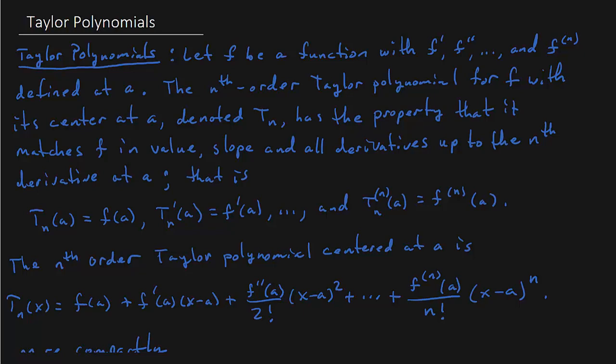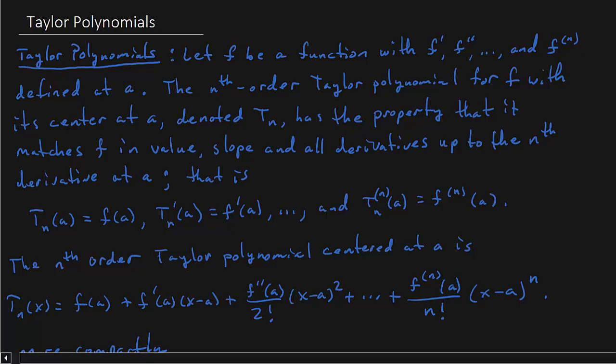So it says, let f be a function with f prime, f double prime, and the nth derivative of f defined at a. The nth order Taylor polynomial for f with its center at a, denoted T sub n, has the property that it matches f in value, slope, and all derivatives up to the nth derivative at a.